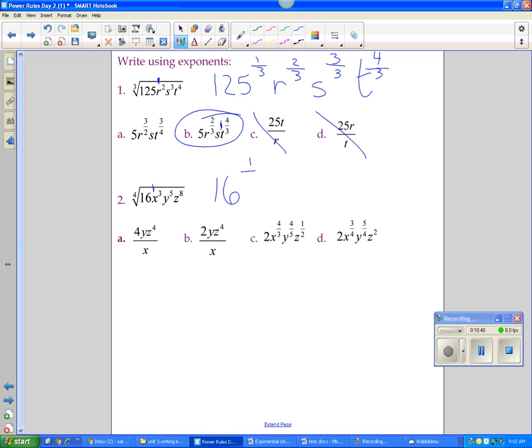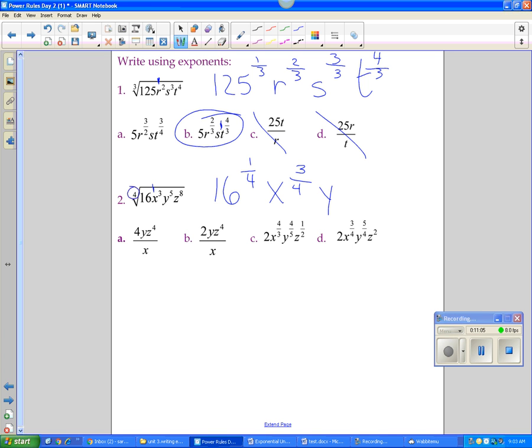Chase, what's going to go on the bottom? A 4. All right, now I'm going to put an x. Stephen A., what's going to go on top of my fraction with the x? Very good. The power goes on top. Brayden, what goes on the bottom? Very good, which is a 4.